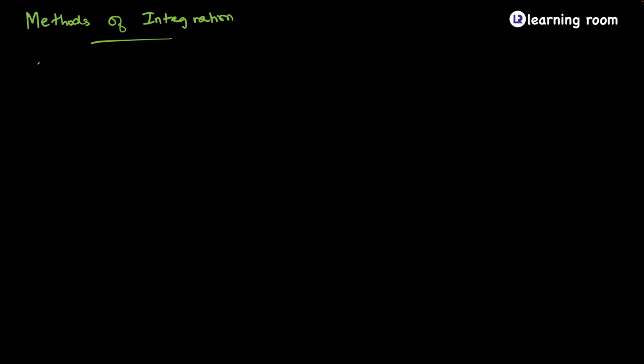There are only 3 methods in which you can perform it. Apart from directly finding the answer, there are 3 methods in which you can solve it. One is called integration by substitution. Okay. One is integration by substitution, means you will take a variable and you will try to substitute it in terms of another variable and then solve it.